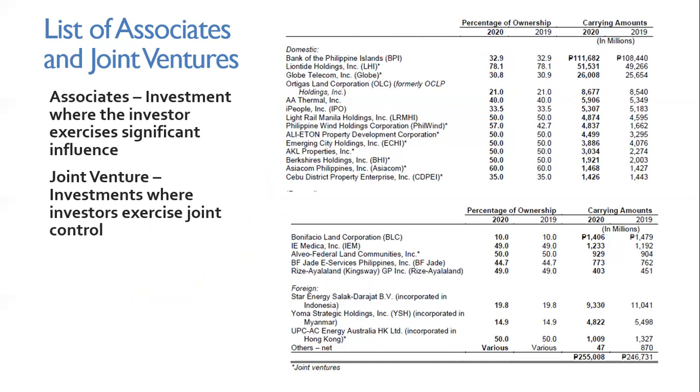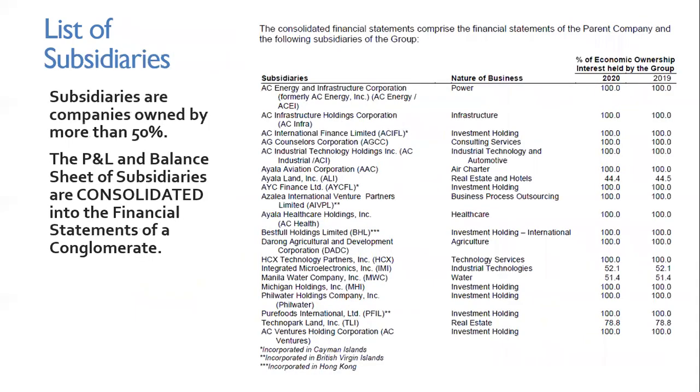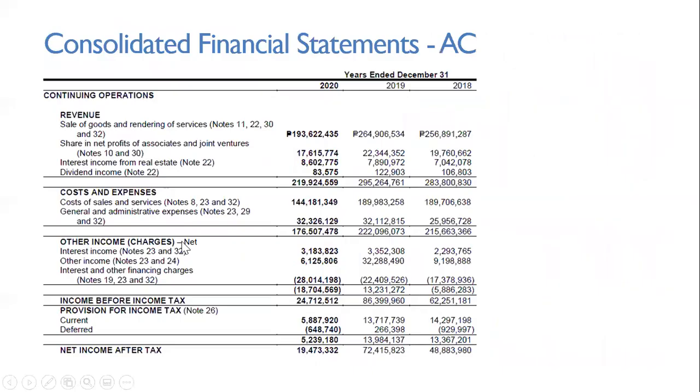So for example, in our example, sa revenue na 193, hindi kasama ang Globe dyan. Kasi yung net income ng Globe kasama dito sa equity share in net income or sa share in net profits of associates. Okay? So that's how it is accounted for. You have to understand it so that you can understand the numbers. Okay?